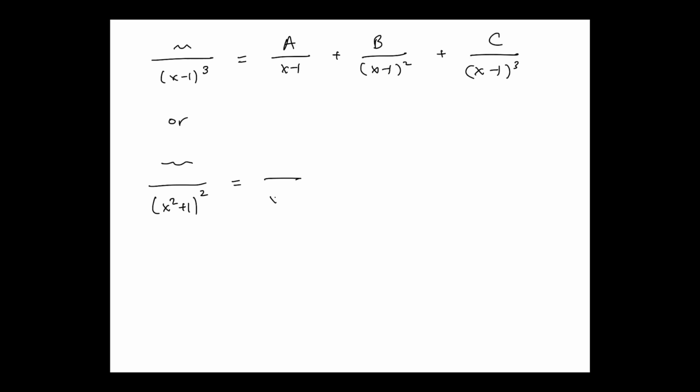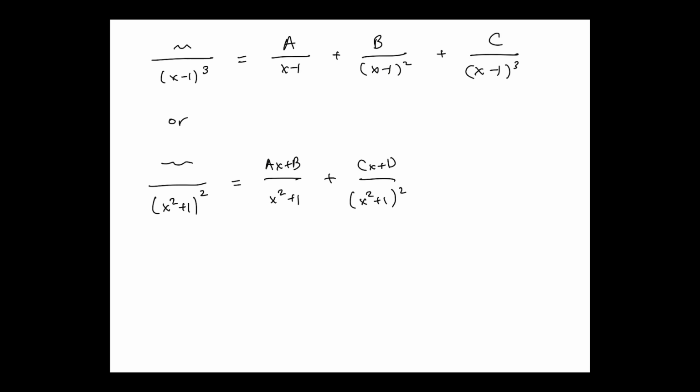Here you would have, oh sorry, it would help if I was competent this morning. Those are quadratics on the bottom. Why? Because what's on the bottom in each case?